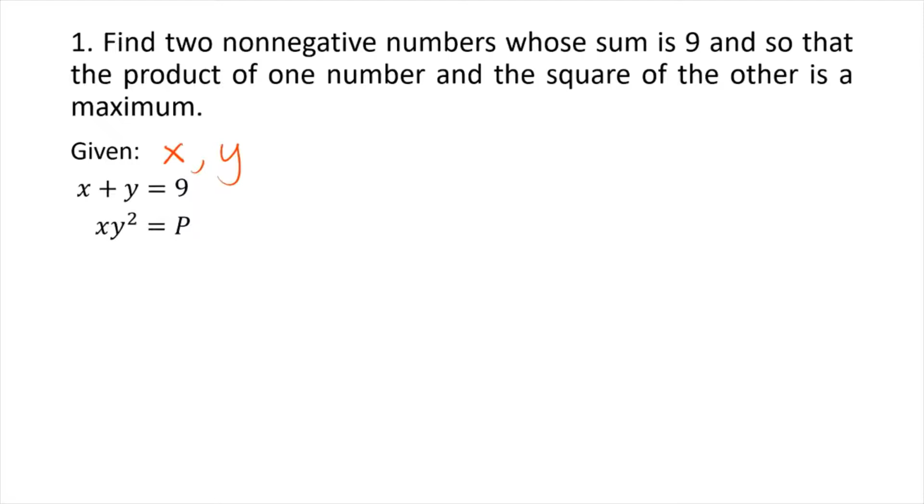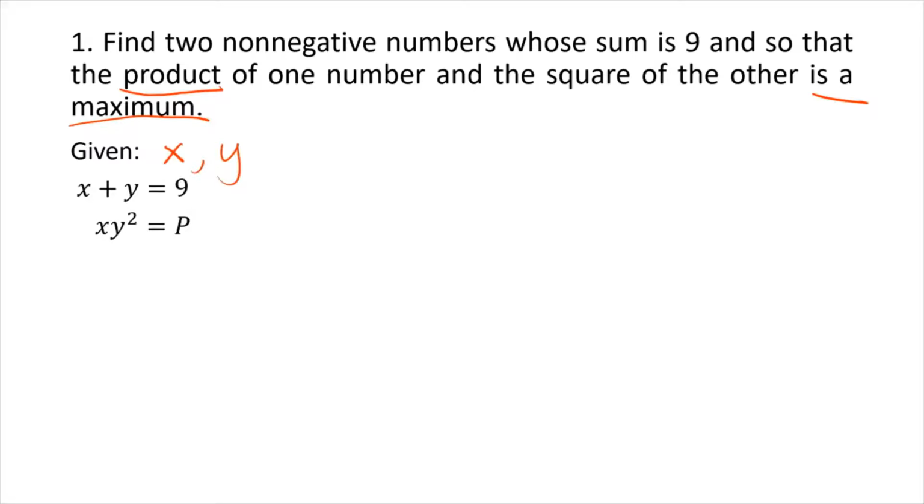We have formulated two equations. The question now is which of the two is the primary equation and which is the secondary equation. Going back to the problem, it is stated that the product is a maximum, meaning the product should be maximized.